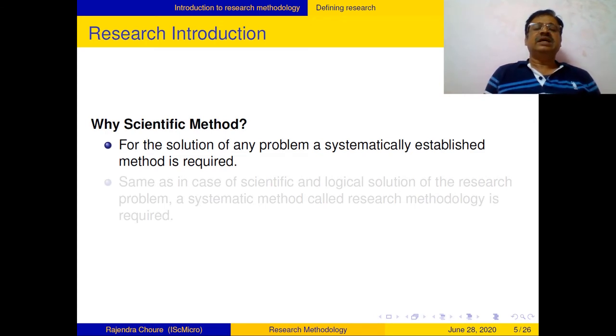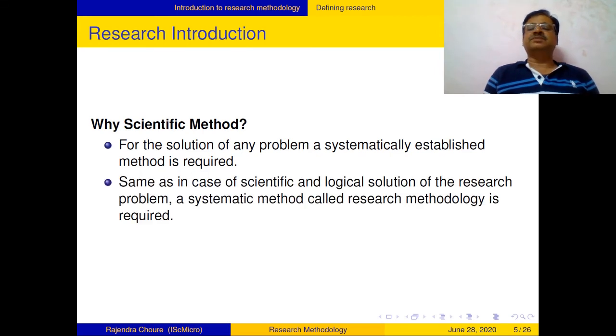Because it's a method which finds solution of any problem in a systematic way so that nobody will doubt the conclusions. In case of scientific and logical solution of the research problem, a systematic method is necessary. And the method used for research is the scientific method. If your research is not according to scientific method, then it will not be believed by the population.